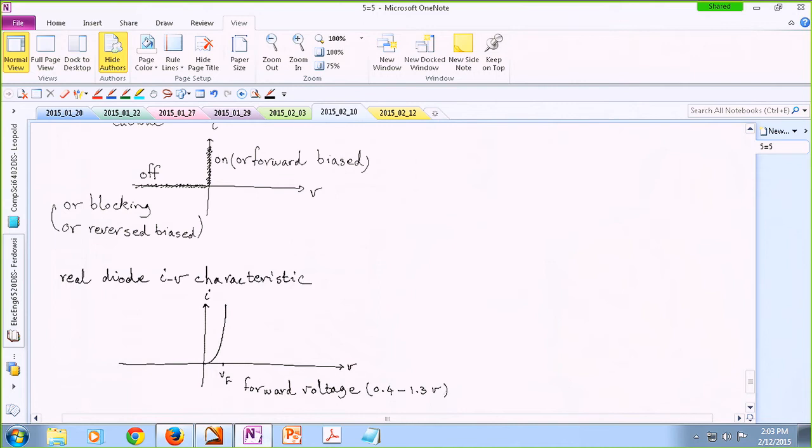Okay, ideally we want this voltage to be zero, but it is not zero in a practical diode.